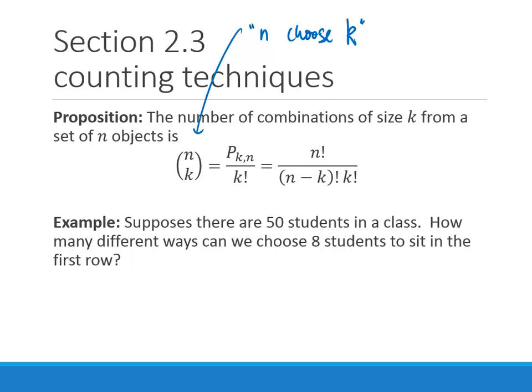So again, same example. Suppose now I have 50 students in a class, but I don't care about the order that they're sitting in the front row. I just want to take 8 of them and sit them in the front row. This is now 50 choose 8, which is 50 factorial divided by 42 factorial times 8 factorial.